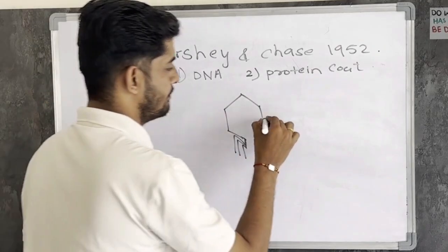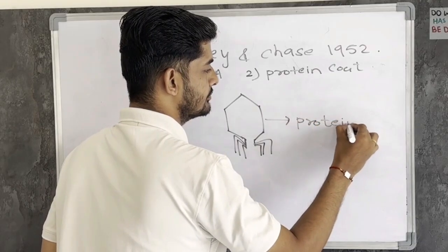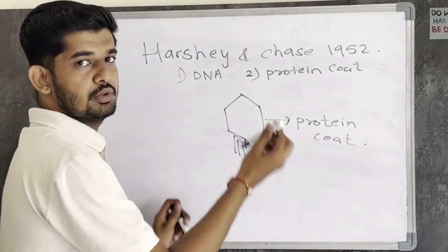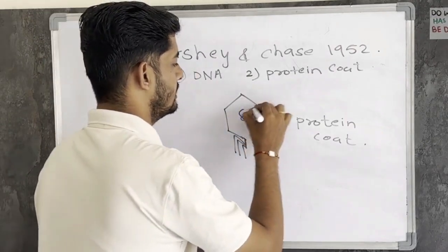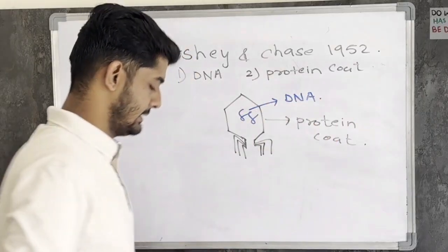This is the outer protein coat, and in this protein coat, the DNA is enclosed. This, in the blue color, is the DNA of the virus.